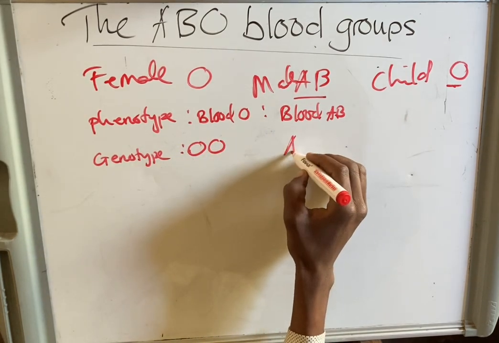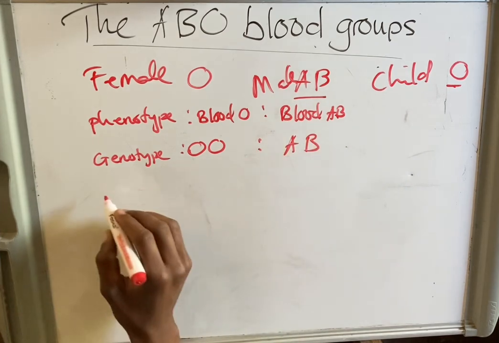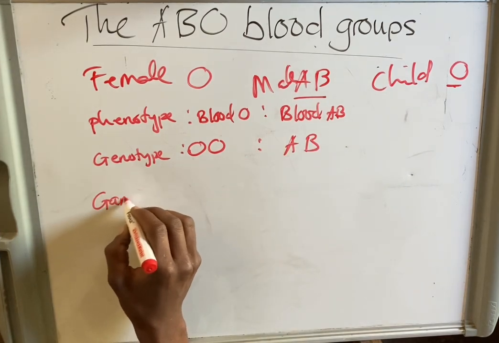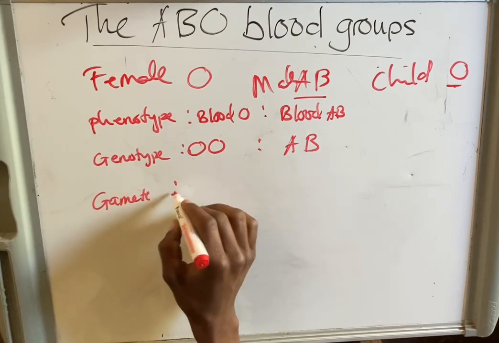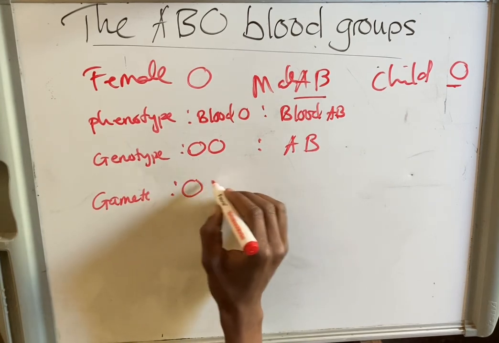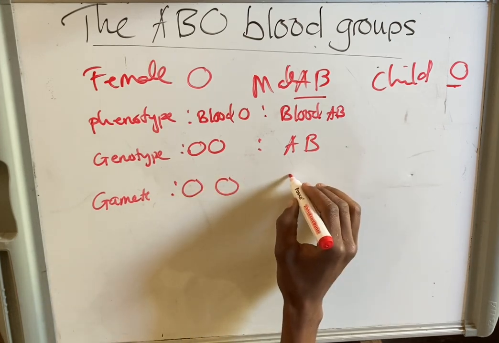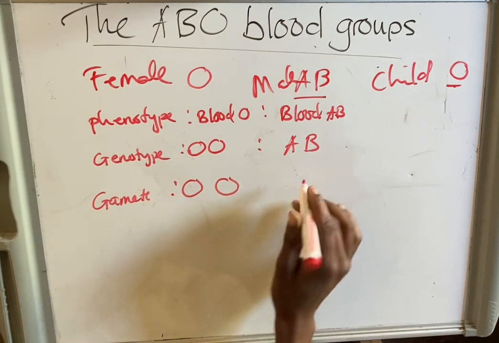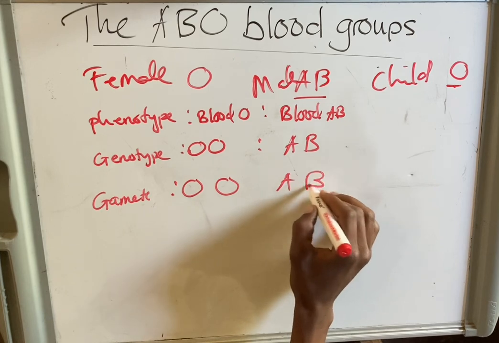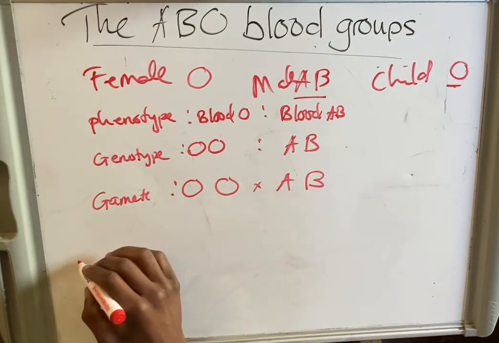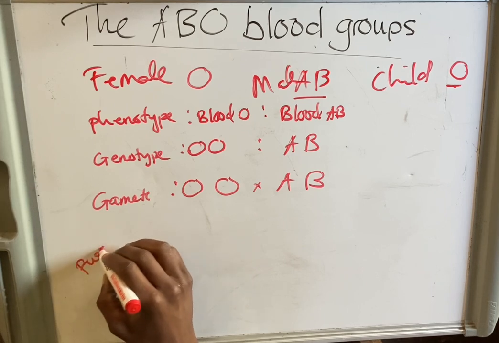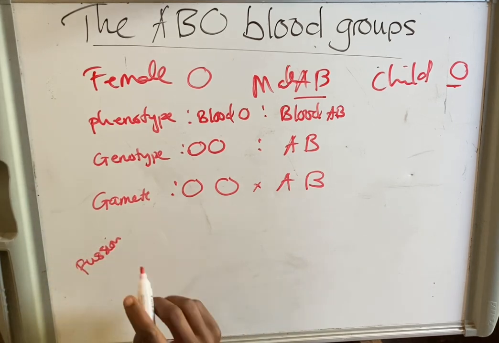Then we have the A and B. You have to write gametes, the same symbols, just a bit further from each other for easier multiplication. Then this one is A, B. So you have to represent the multiplication sign here. Here you write fusion, or you can write meiosis or fertilization.